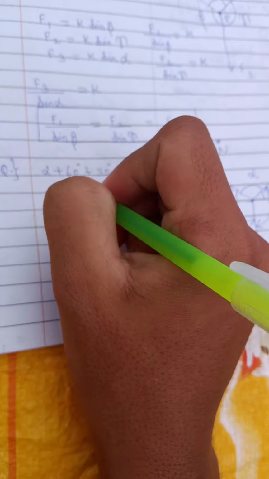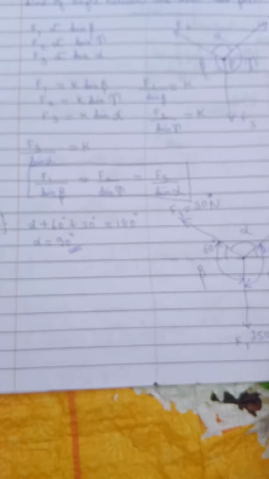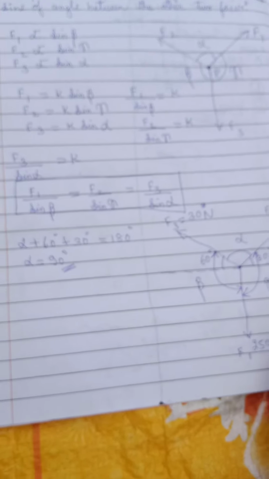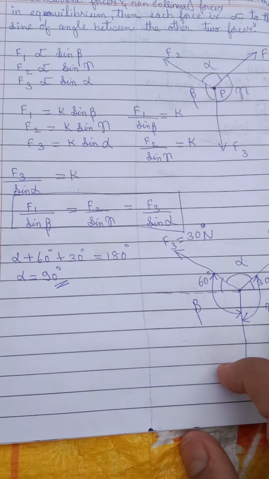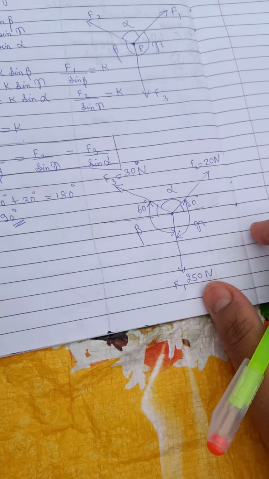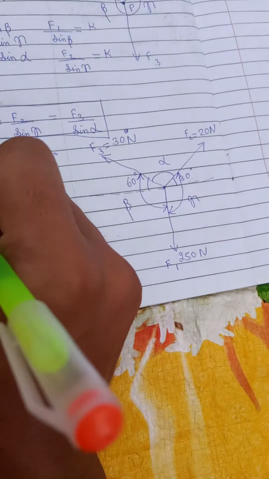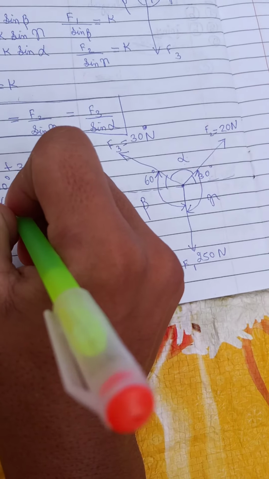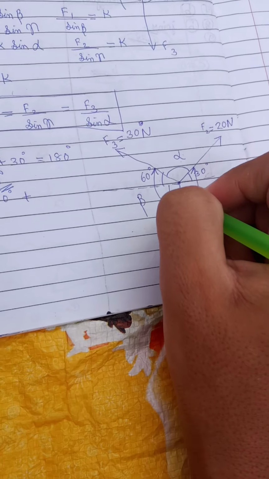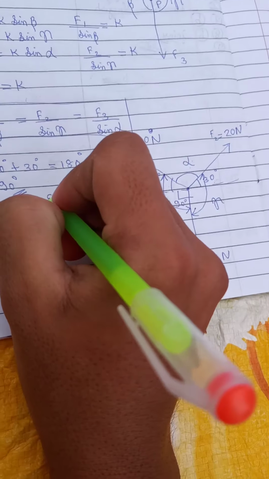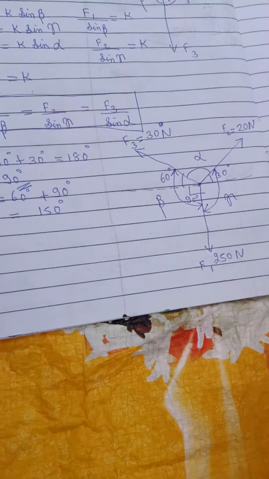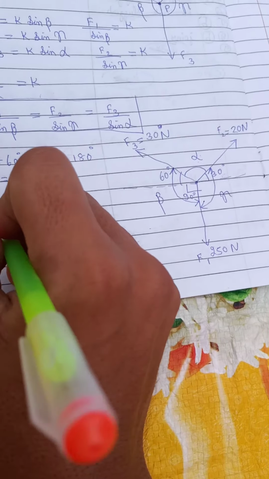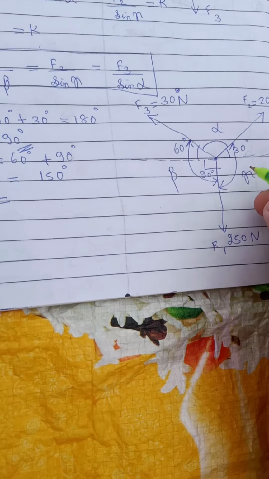So alpha will be 90 degree. Then for beta, beta will be 60 plus this 90 degree. So it will be 60 plus 90, 150 degree. Then gamma will be 30.